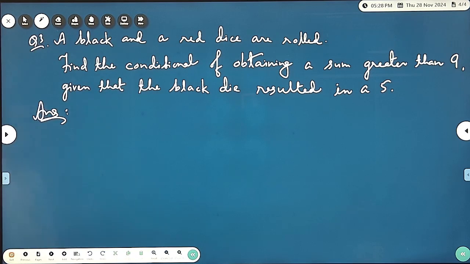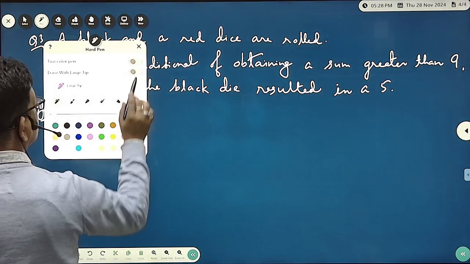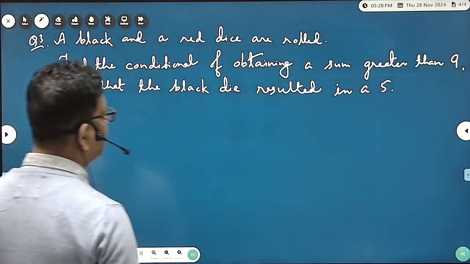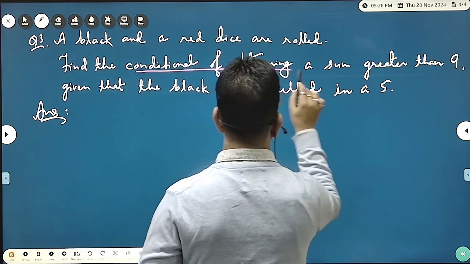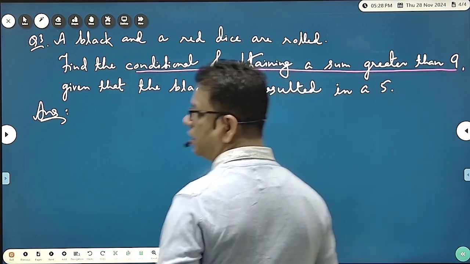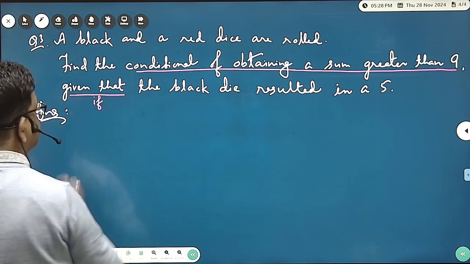All right. Now you see, the question is: find the conditional probability of obtaining a sum greater than 9, given that the black die resulted in a 5. This is the condition.